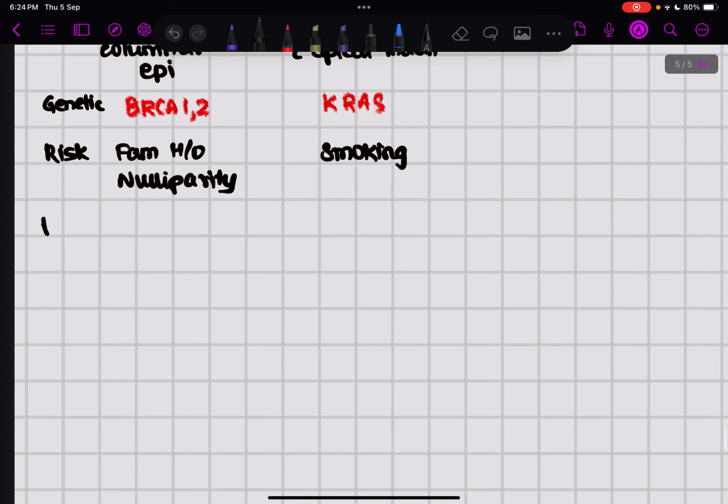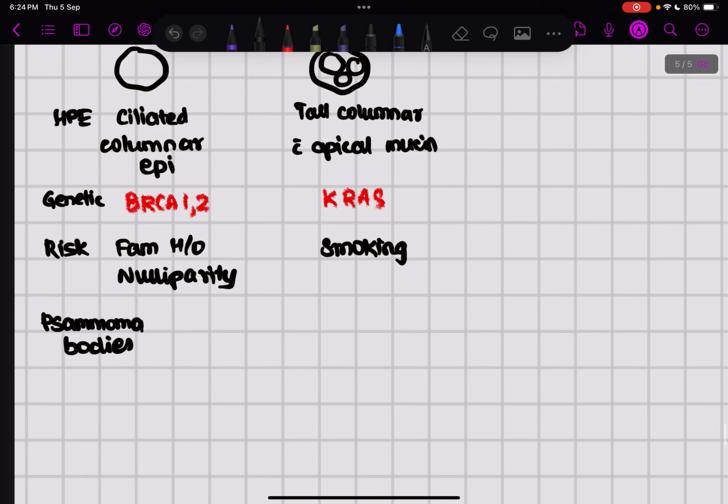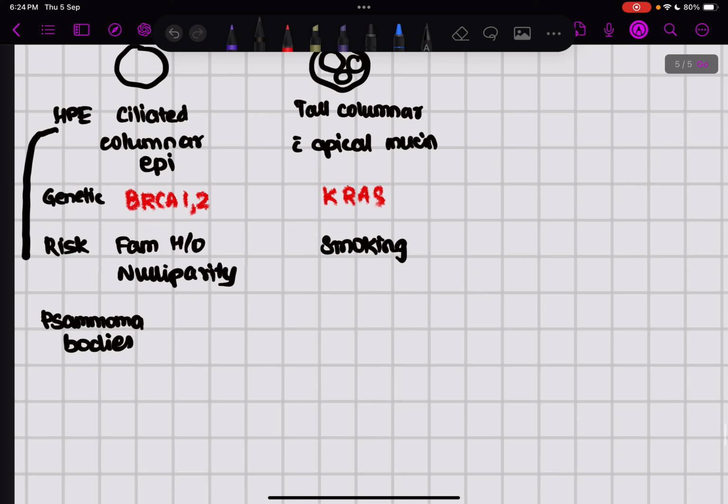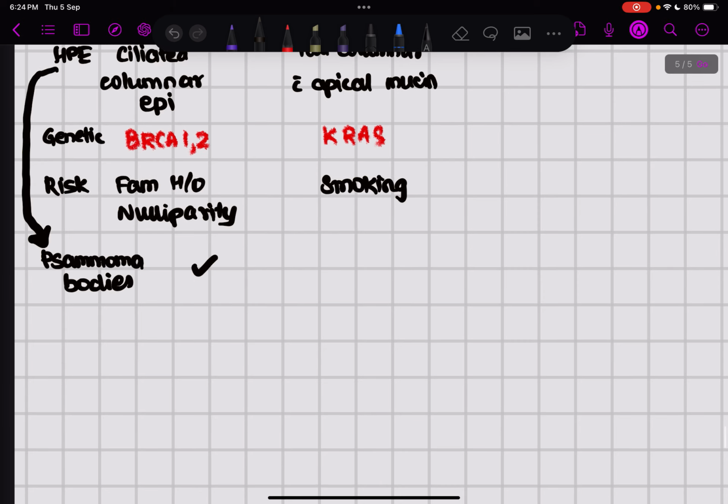And now Psammoma bodies. Psammoma bodies are foci of dystrophic calcification. It is an important feature of the histopathological examination, so it is present here and absent here.